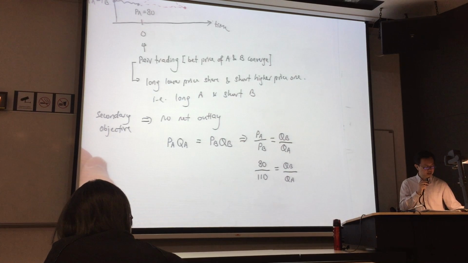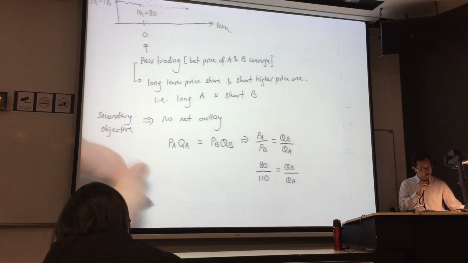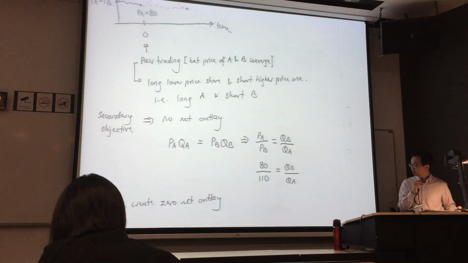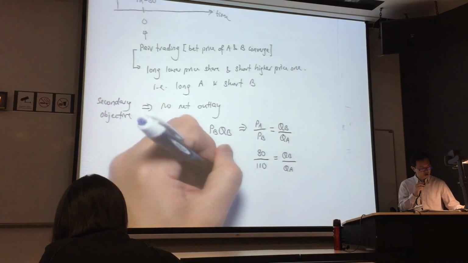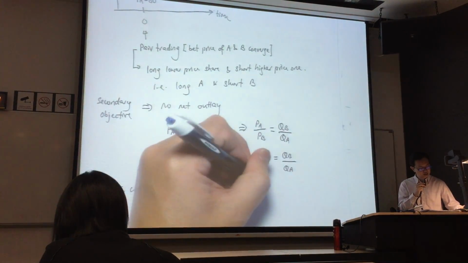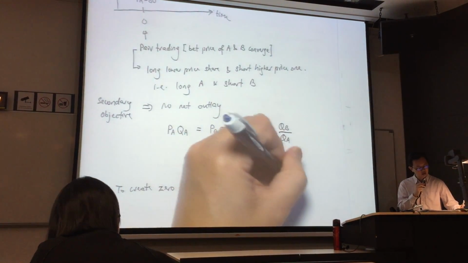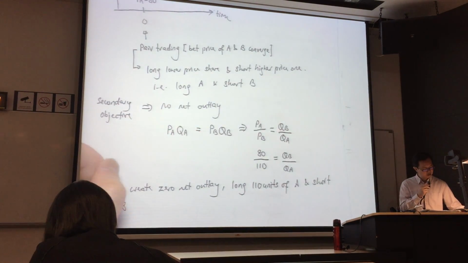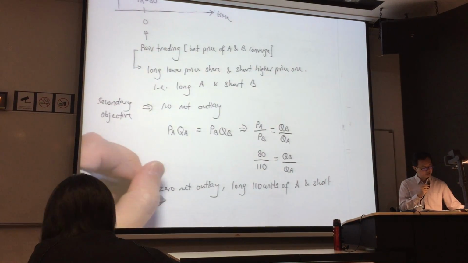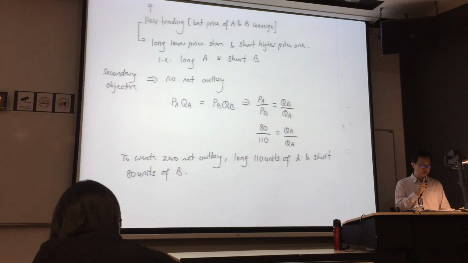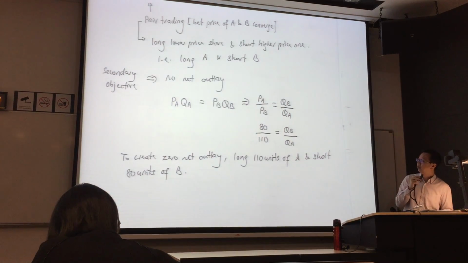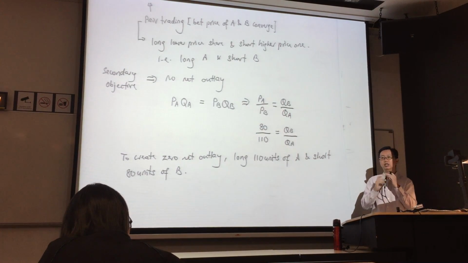So this means, to create zero net outlay, long 110 units of A and short 80 units of B. Right, so that is your position at time 0. You long 110 units of A and short 80 units of B.